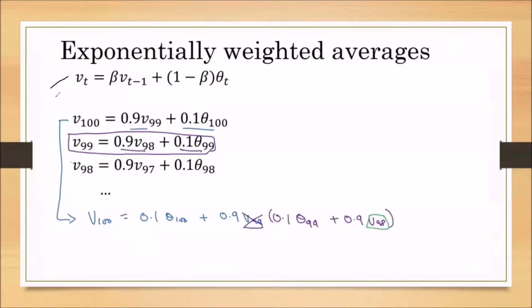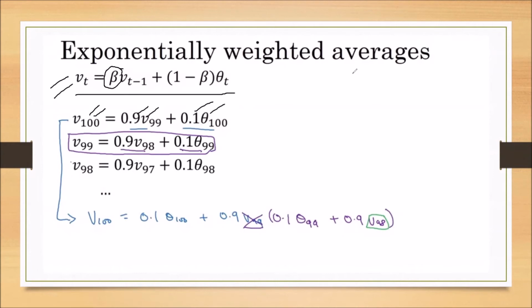Now we have taken this equation, Vt is equal to beta into Vt minus 1 plus 1 minus beta into theta t. To understand exponentially weighted average well, and why the beta value is affecting the number of days, we are taking an example. In this example, I have taken V100 equal to 0.9 into V99 plus 0.1 into theta 100.